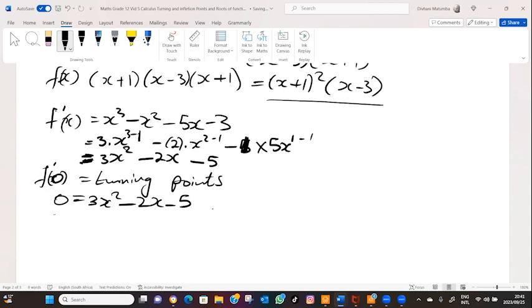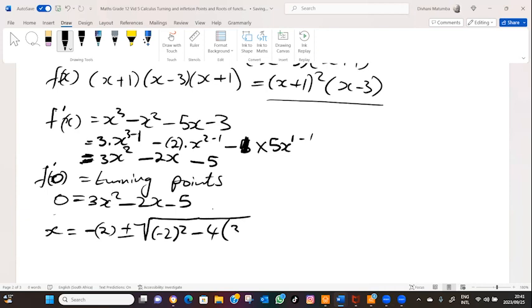Now, again, this is a quadratic equation. Now your x is given by minus b plus or minus the square root of b squared, which is minus 2 squared, minus 4ac.